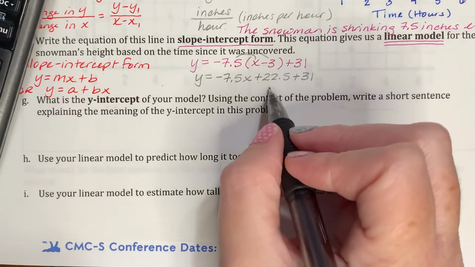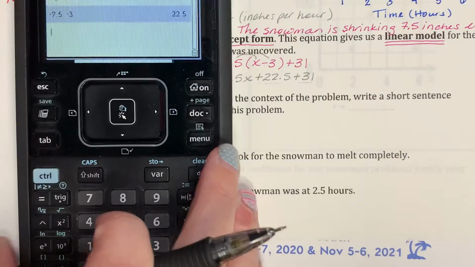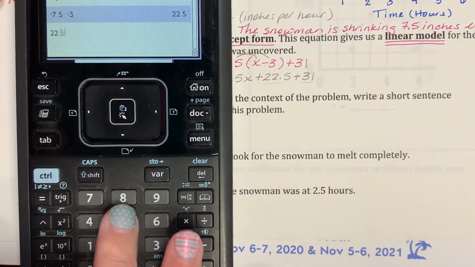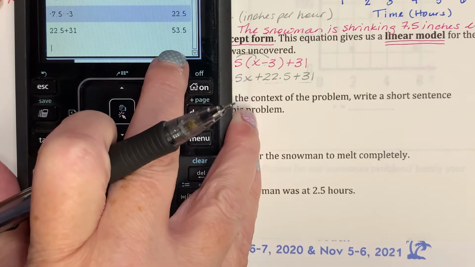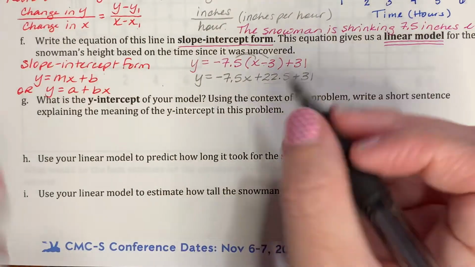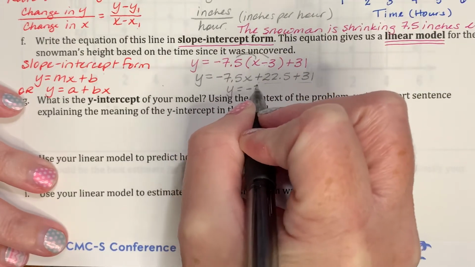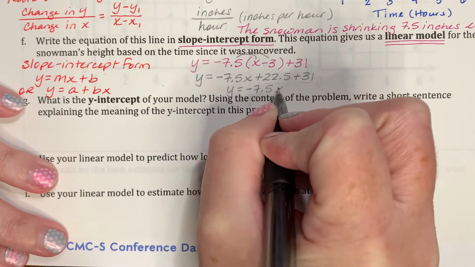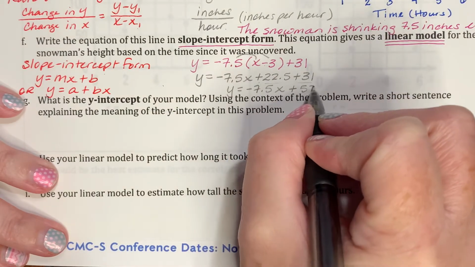And then notice these are both numbers here, so we can just add those. So 22.5 plus 31 is going to be 53.5. So my equation is going to be y equals negative 7.5x plus 53.5.